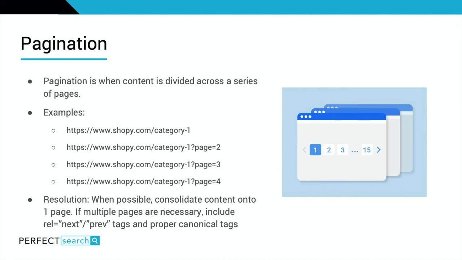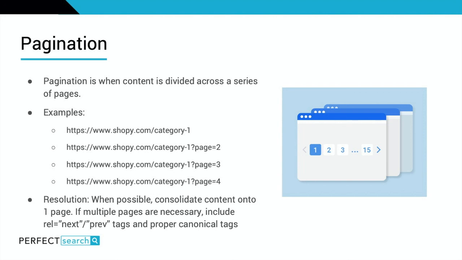Google recommends that when possible, having all of your content on one page is the best possible solution, best for user experience, and avoids any confusion for the Google spider.